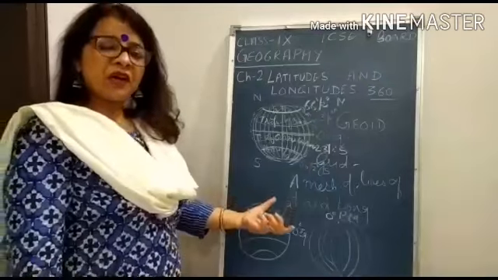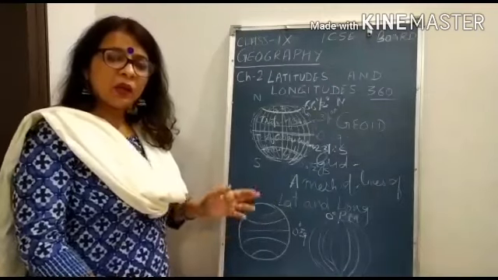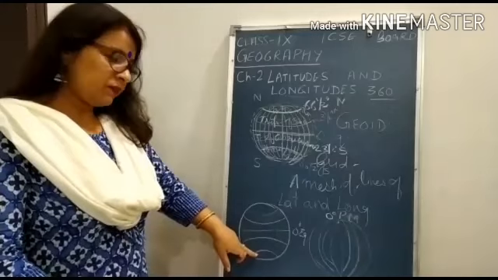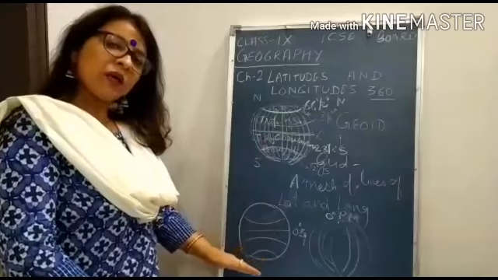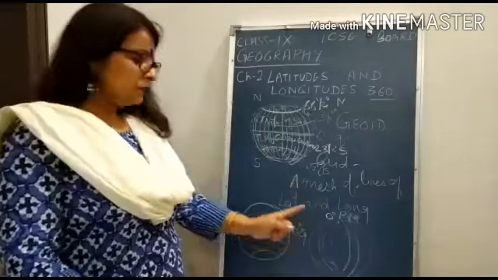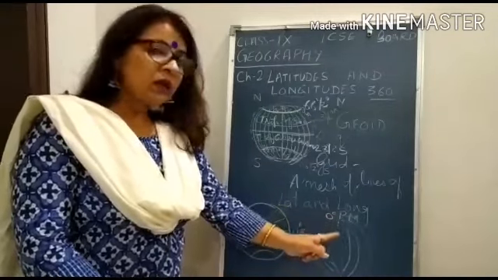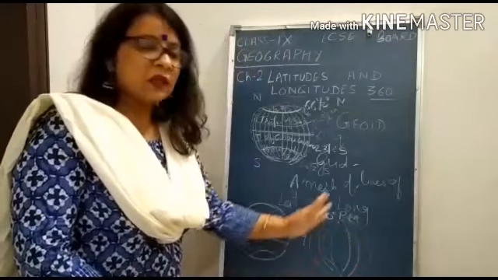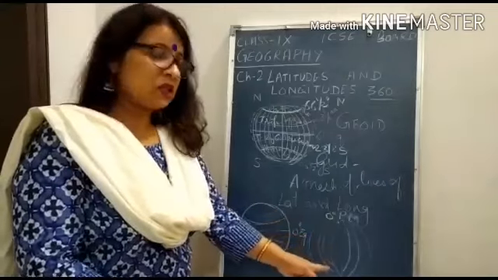Okay, so define latitude. Latitude is the angular distance north or south of the equator. Now define longitude. It is the angular distance east or west of the prime meridian.